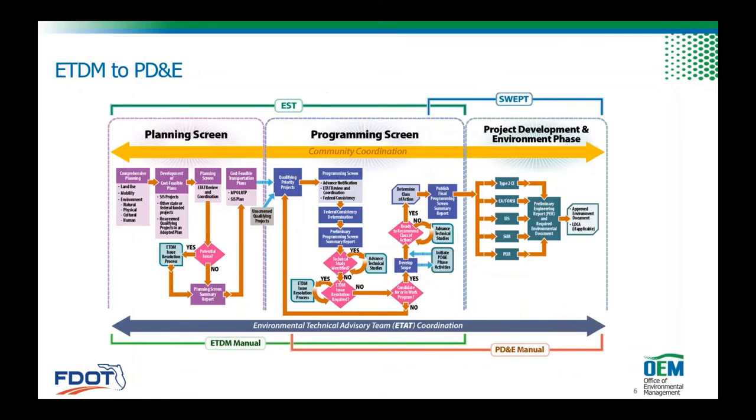Now, how we do that is we complete what we call screening events within ETDM. We have a planning screen and we have a programming screen. In that planning screen, we're really looking out for projects that have been identified and should be going into those cost feasible plans for our MPOs and ourselves to get a sense of, is this a good project?